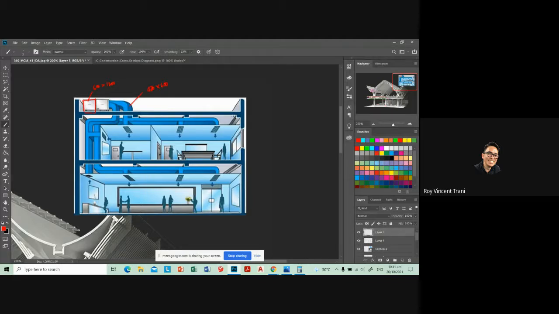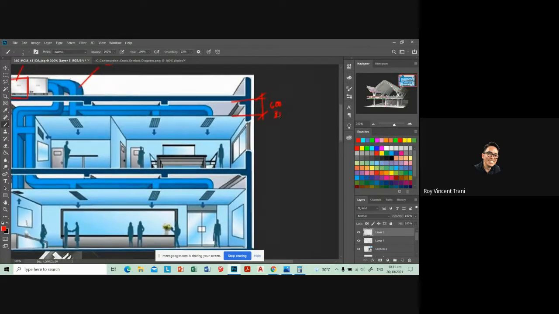And notice the space between the ceiling and the slab is very apparent. That's really where the ducting will go. Let's say this is about 600 to 800. Oops, I'm outside of the 600 to 800 mm.